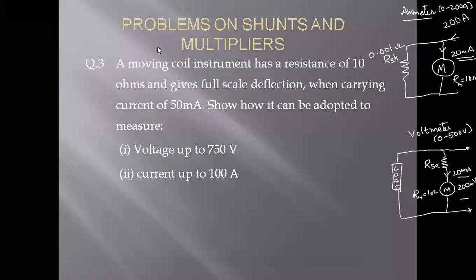So it is just the same as the previous one, but the values are different. So current up to 100, voltage up to 750.